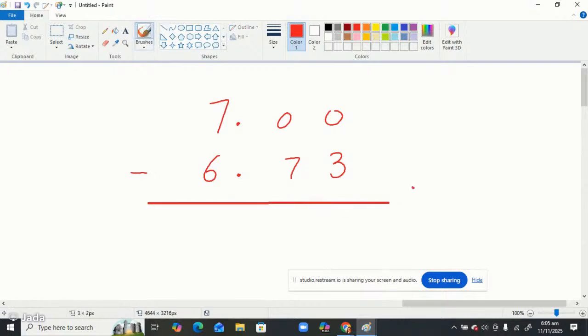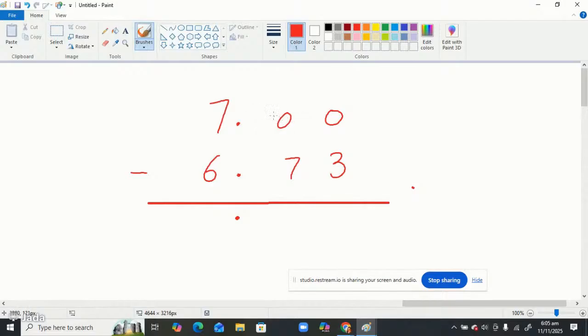It's just a simple subtraction, we are going to minus the digits. It's the same thing, only we put the decimal point here. So 0 minus 3, is it possible? No. We borrow from the neighbor. But when we check the neighbor, this is also 0.